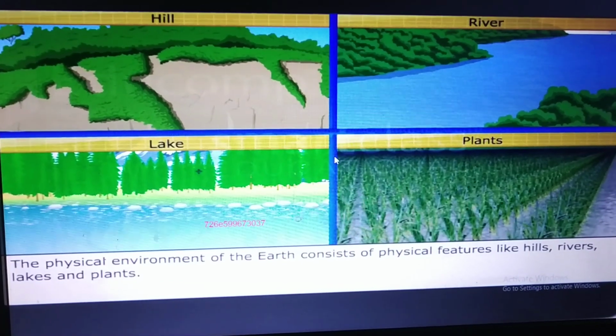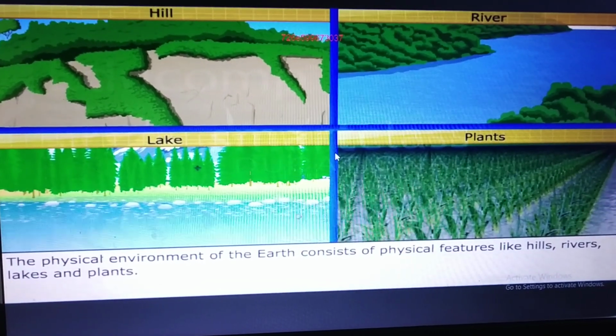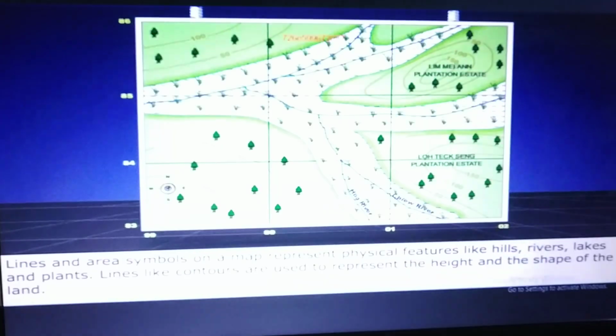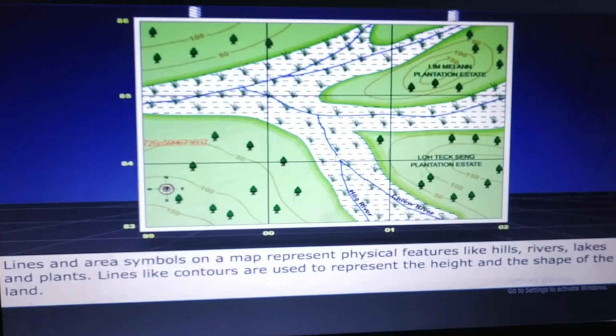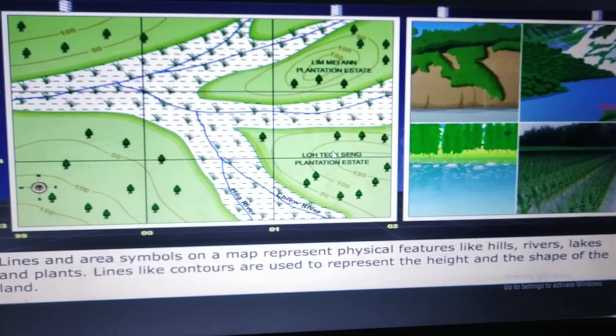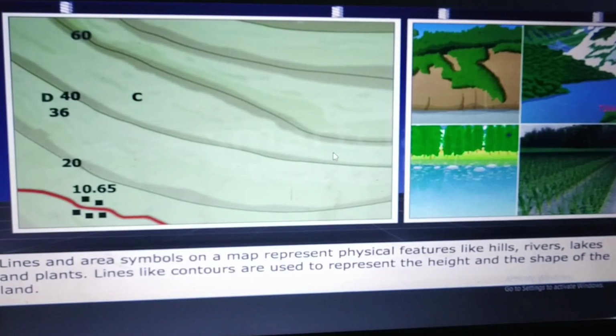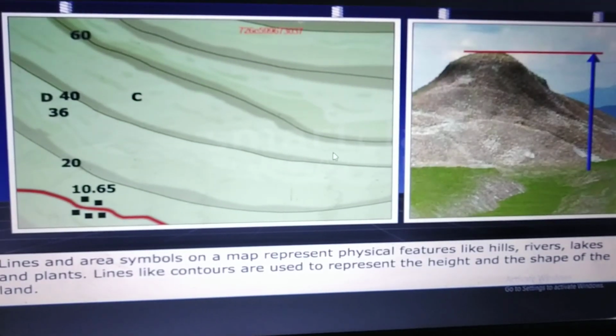Have you ever wondered how these features are represented in a map? Lines and area symbols in a map represent physical features like hills, rivers, lakes, and plants. Lines like contours are used to represent the height and the shape of the land.